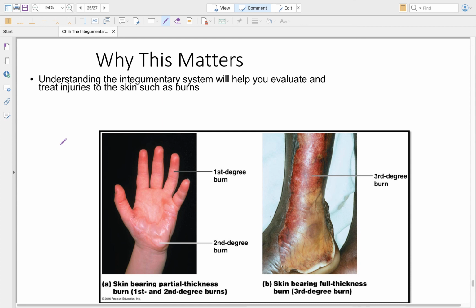You'll do rotations in a trauma unit for sure, and you might see these burns. There's a way to distinguish first degree, second degree, and third degree burns. Clearly, the first and second degree are not as severe because the dermis is not fully burned. The third degree burn has reached the dermis and it's pretty damaging.